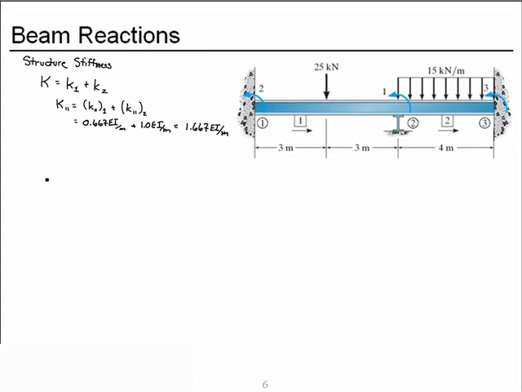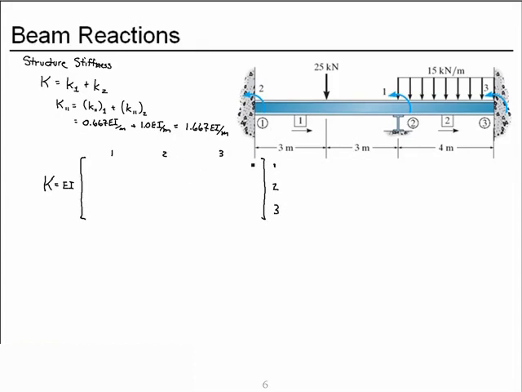So our element stiffness equals EI, which is common to all terms in the structure stiffness matrix for this case. We have degrees of freedom 1, 2, and 3.